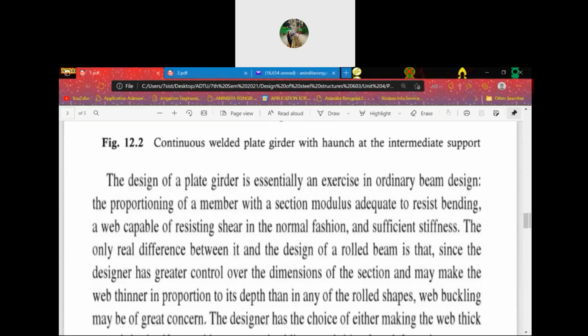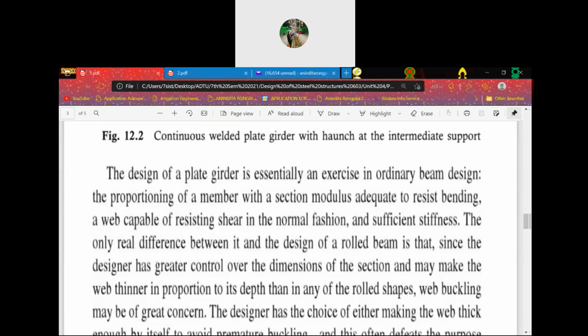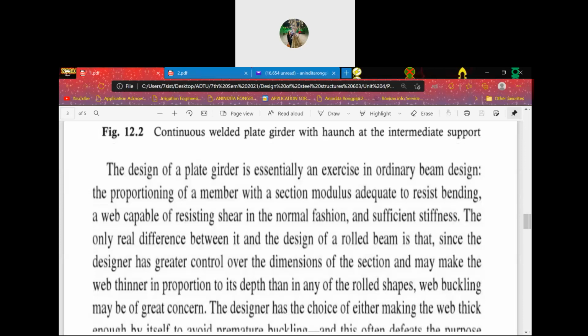The only difference from the design of a rolled beam is that the designer has greater control over the dimensions of the section, and this will make the web thinner in proportion to its depth than in any of the other rolled shapes, so web buckling may be of great concern.